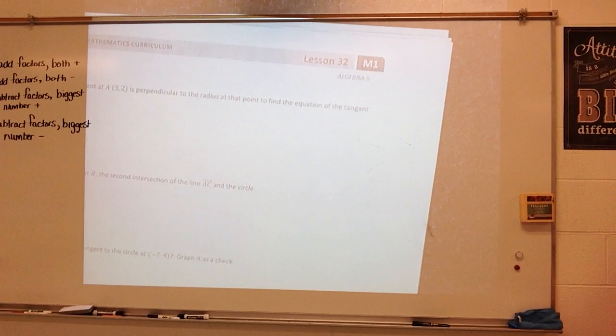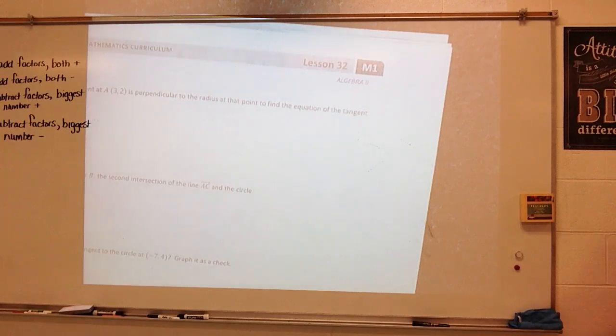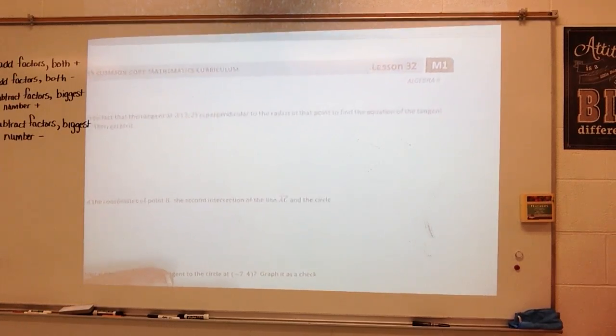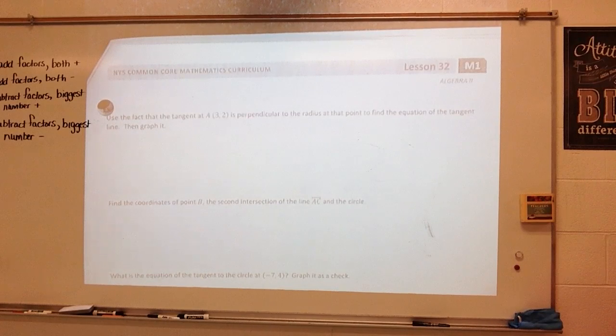Last few questions. Use the fact that the tangent at A, 3, 2 is perpendicular to the radius at that point to find the equation of the tangent line, then graph it. Now remember, if it's tangent, then that means that they are either outside and touch at one point or inside and touch at one point. So the slope of a tangent line is the opposite reciprocal of the slope of AC.